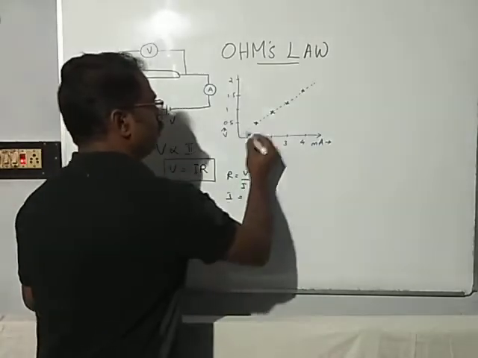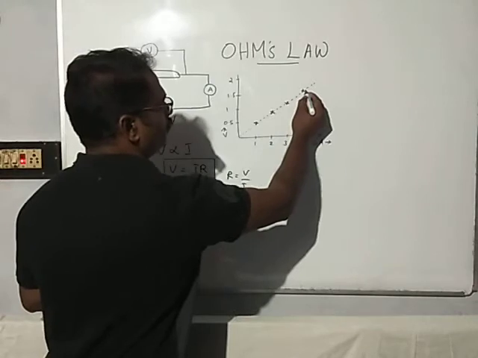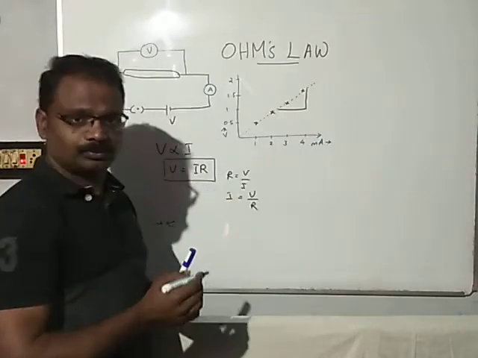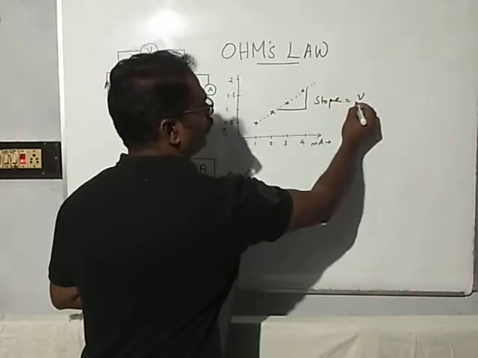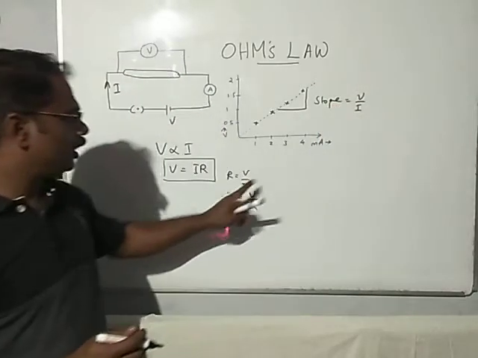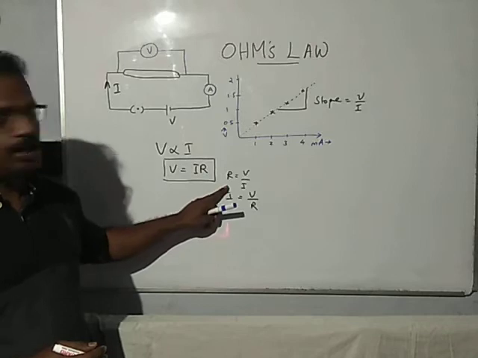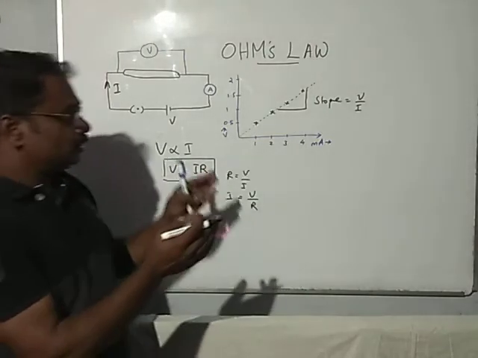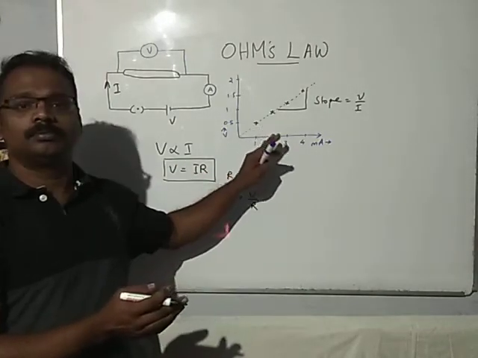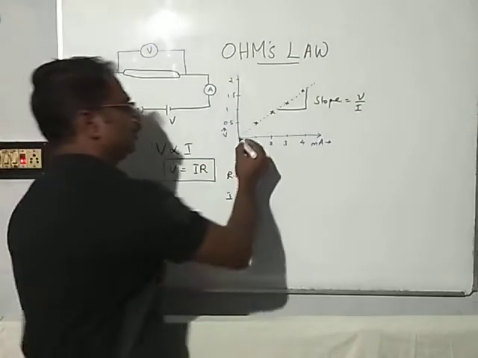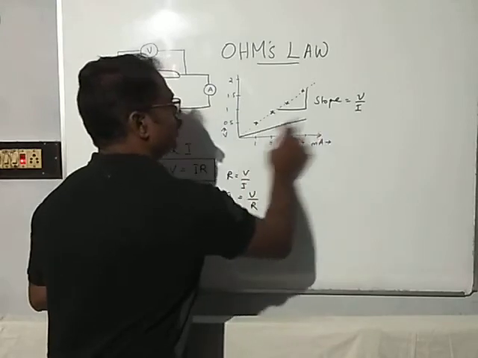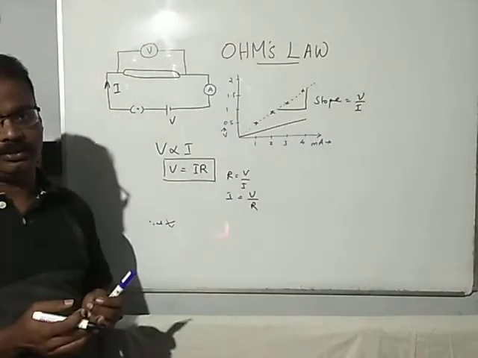In this graph, if we take the slope, we get the resistance, that is slope equals V by I. So V by I is resistance. The resistance can be calculated from the graph by taking its slope. Suppose you are getting a graph like this, then what does it mean?